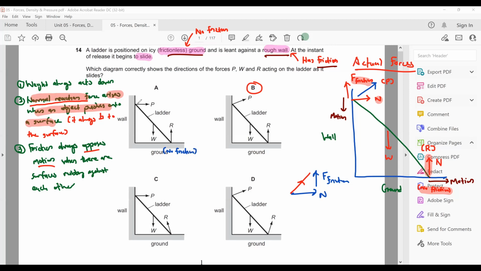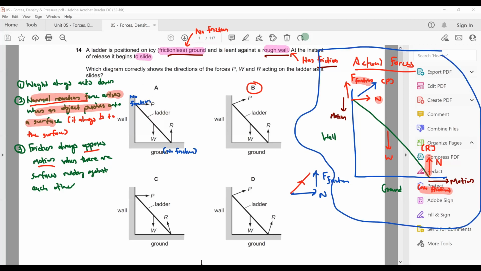Now for P here, the reason why P is like this is also again because there's no friction. Because you see here from the diagram that I already drew for you, how you see the directions is that you identify first all the forces at the ground as well as the wall. So if for answer choice A, P is just horizontal only, that means there's no friction.